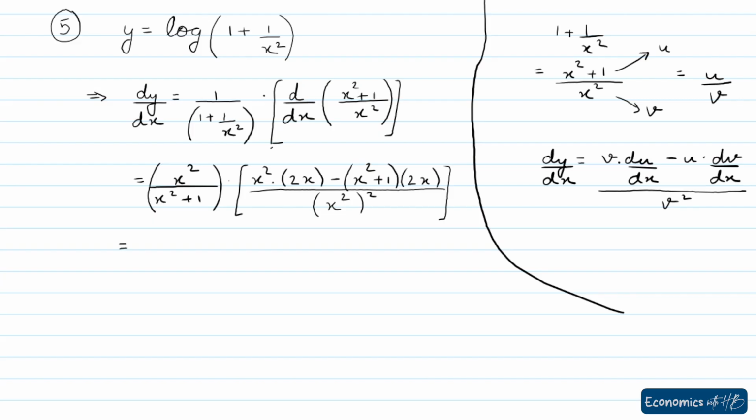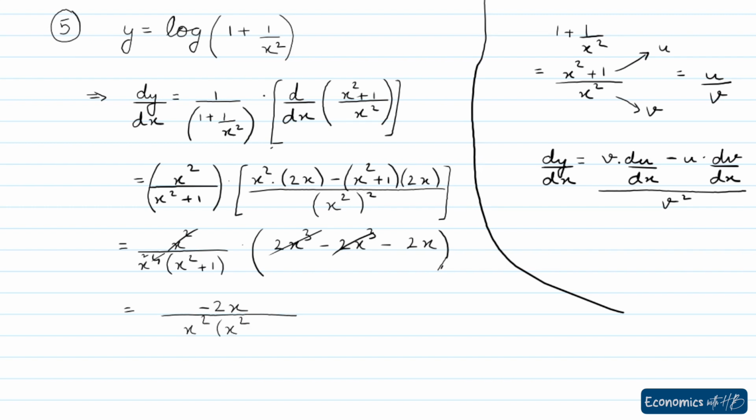So we get x square over x 4 into x square plus 1, and numerator 2x cube minus 2x cube minus 2x. These two cancel out, x square and x4 cancel out, x square is left. We get minus 2x over x square into x square plus 1. X and x cancel out. We get minus 2 over x into x square plus 1.